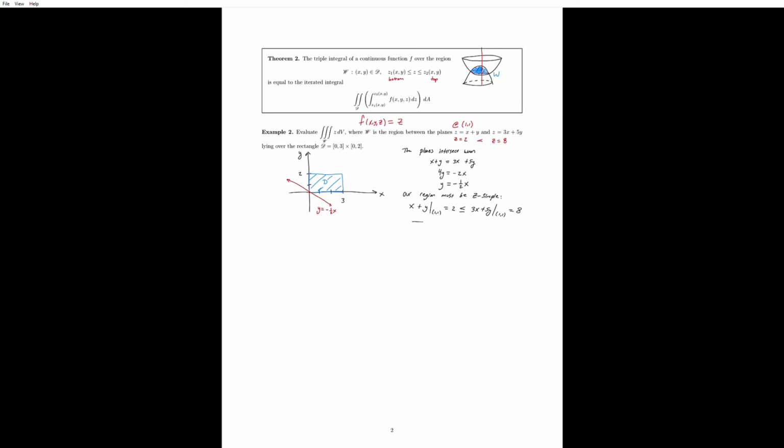So this implies, since our region is z-simple, that x plus y must be less than or equal to 3x plus 5y on our domain D. So this is z1 and this is z2.